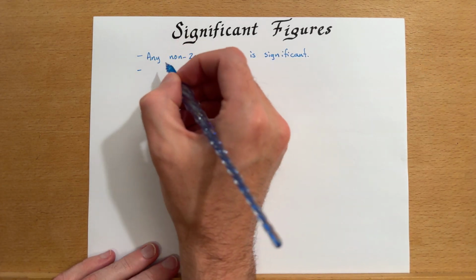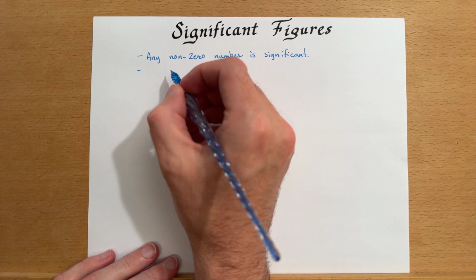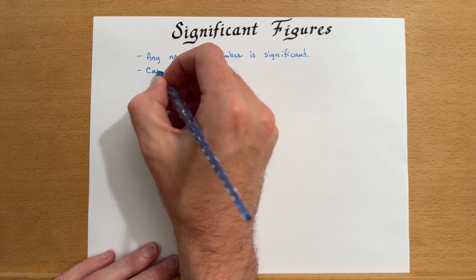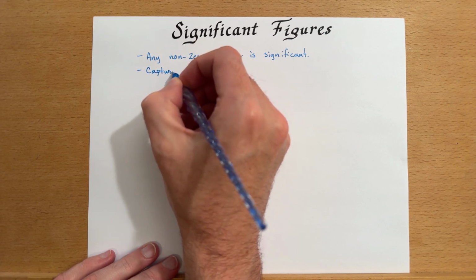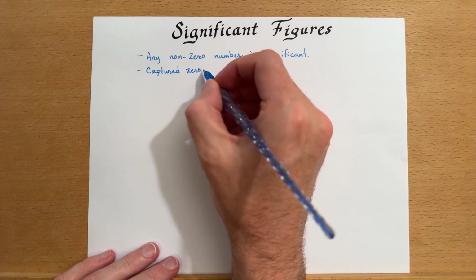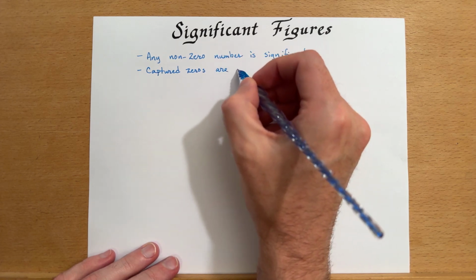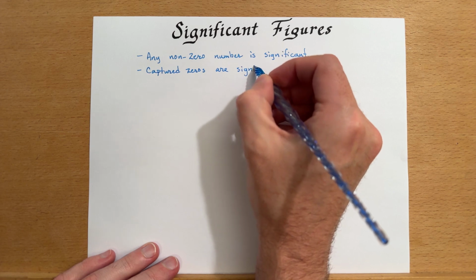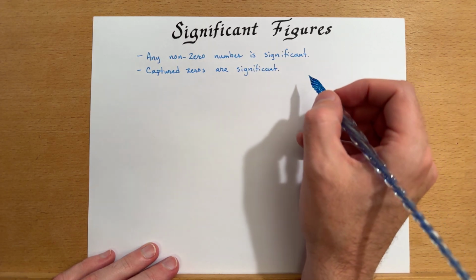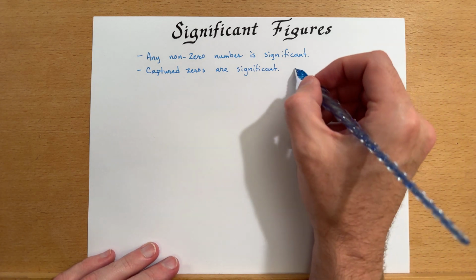Second, any captured zeros are significant. Now, what do I mean by a captured zero?